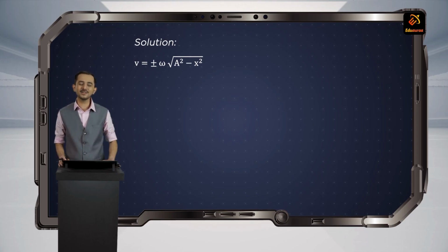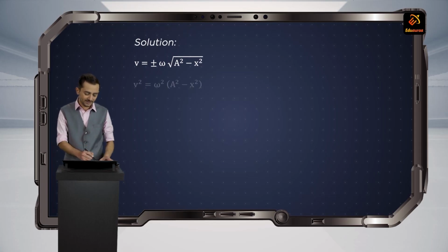Omega denotes angular frequency. v denotes velocity of the particle performing linear SHM. Capital A denotes amplitude and x is displacement of the particle from the mean position. First of all, let me square this. When I square, I will be getting v square is equal to omega square the whole into A square minus x square. Students, we are going to use the same formula twice.